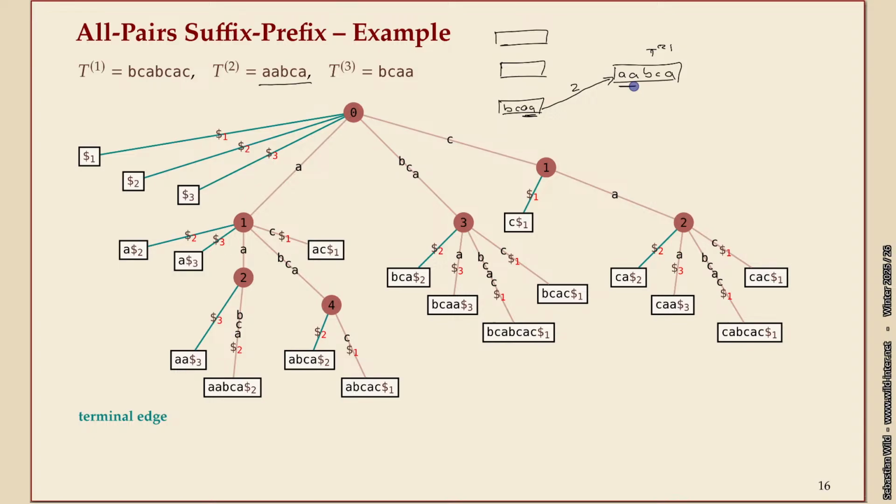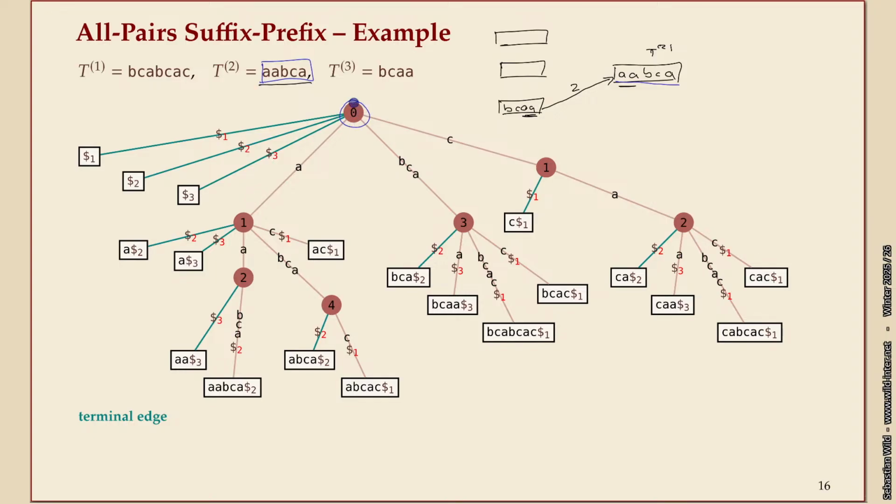How can we use the suffix tree to find this? Well, the suffix tree contains all the suffixes of the other strings. So these are already in the tree. All I need to find is these prefixes. But the prefixes I get by traversing down this string and stopping at every position, if you like. So we'll take this string, maybe AA, BCA.